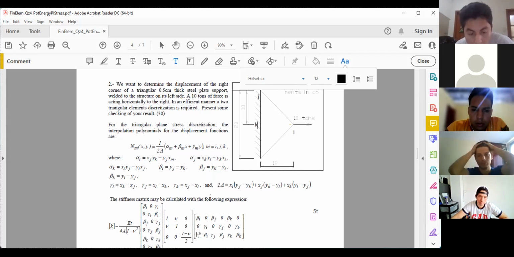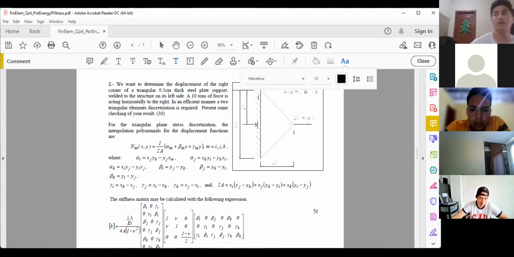So this value here and this value here are 0. We know that we need to calculate only one parameter of this K matrix because all the others are 0, the displacements are 0, and we do not need them for this calculation. We are calculating only displacement.